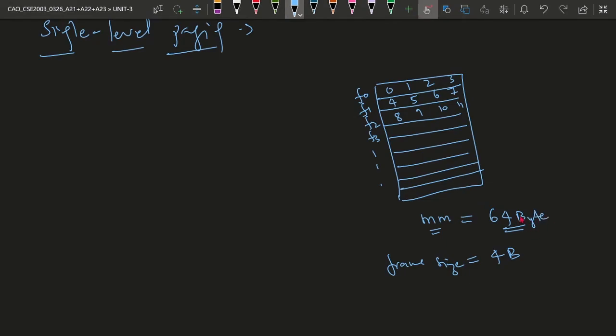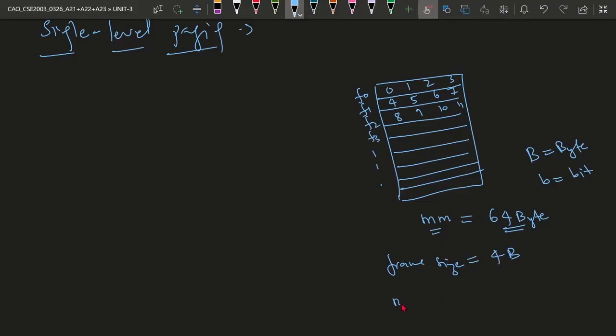Whenever capital B is written, it is considered as byte; if small b is written, it is bit. So we are considering a main memory of 64 byte, having different frames, and each frame is storing 4 byte.